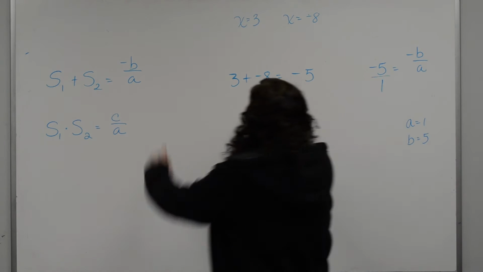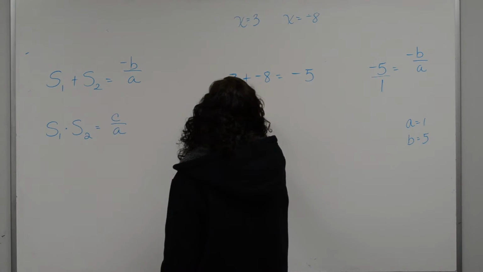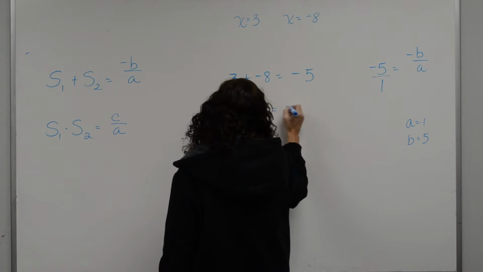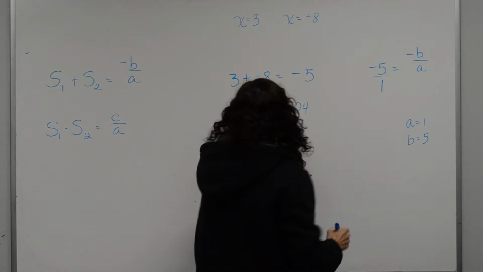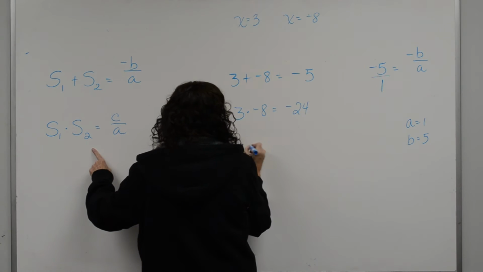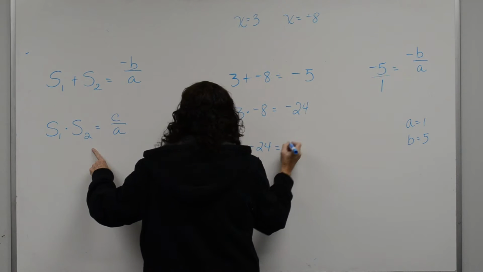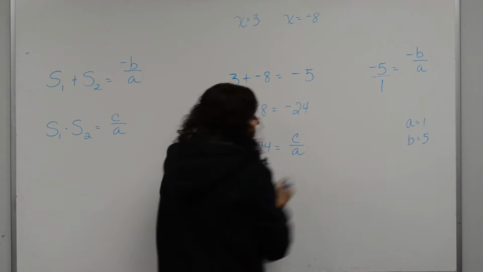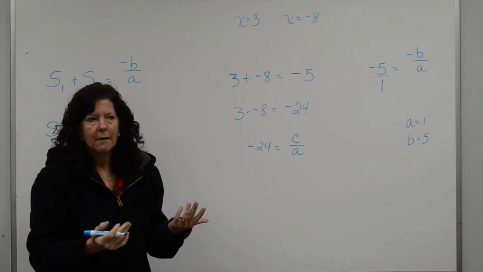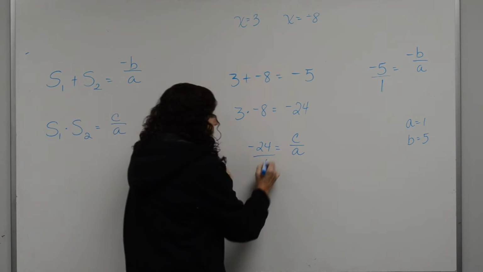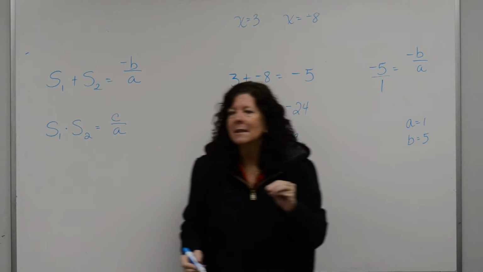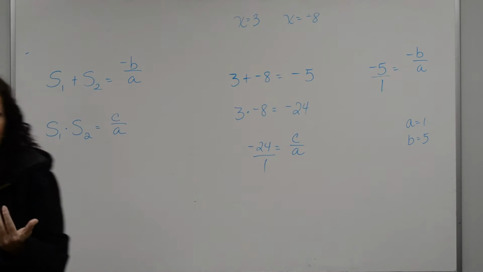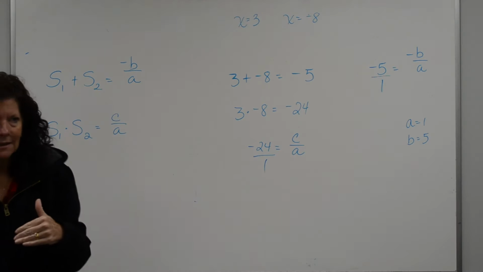All right, then I have to multiply. So I take 3 times negative 8, and it's going to give me negative 24. Now, negative 24, according to this formula, is equal to c over a. What's my a? 1, which has to be the same as what it was up here. There are going to be some situations where it's not the same, and you're going to have to make it the same.